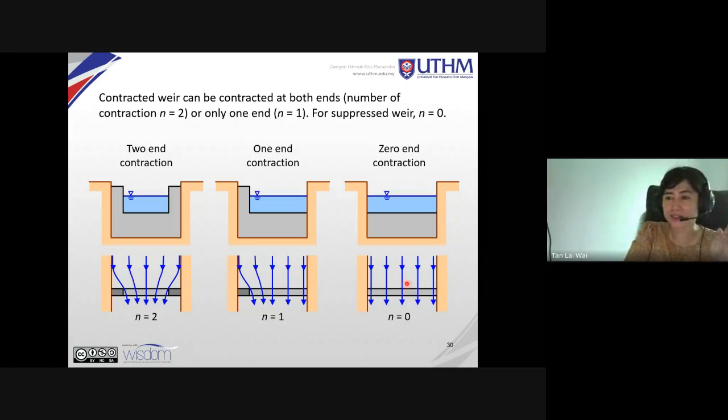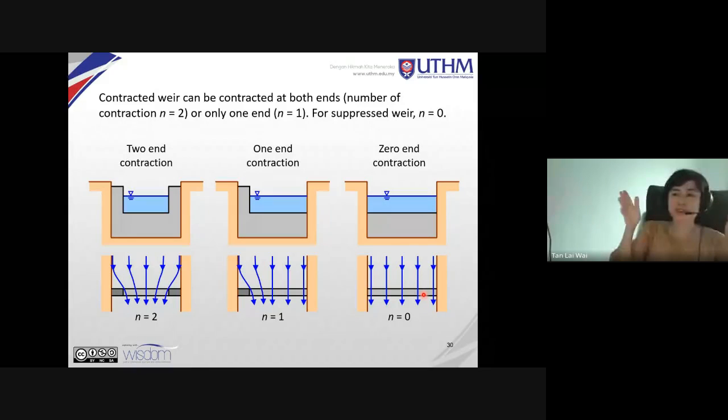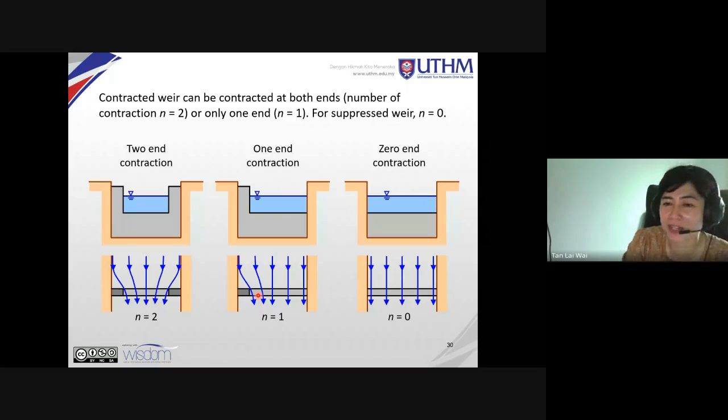In this case it just goes through smoothly, because there's no contraction. But once you have contraction, the flow bends, and that's why you have the vena contracta. The depth is actually smaller than the opening.